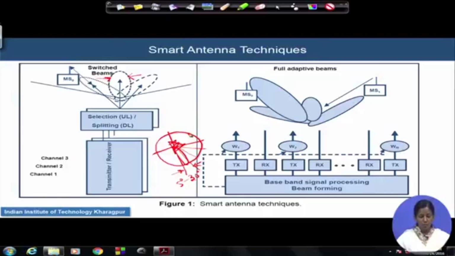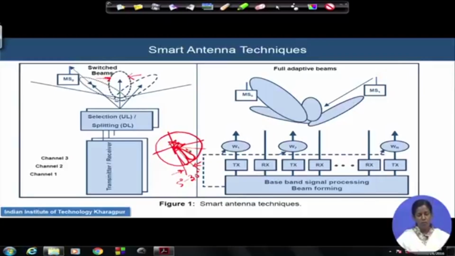This is a switched beam architecture, but remember, whenever we are forming the beam, there are some null spaces like this, where if the mobile station is here, there may be a chance that there won't be any coverage by the beams, because it is not a continuous beam that moves with you continuously. The beam is switching from one to the next: next beam, third beam, fourth beam, fifth beam is taking care of you.